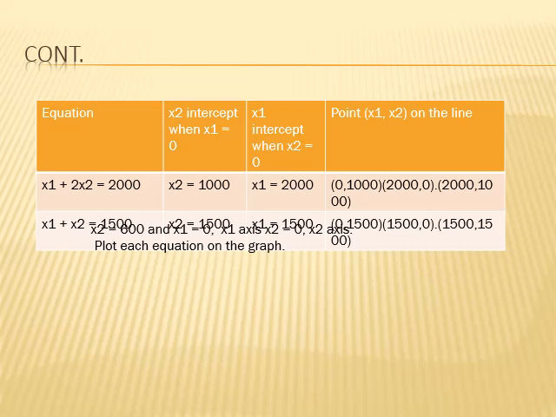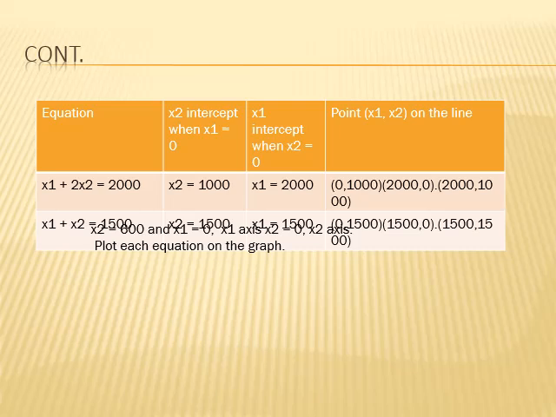Now let's go to the next equation. x1 plus x2 equal 1500. Of course, if x1 equals 0, x2 equals 1500, and if x2 equals 0, x1 equals 1500.